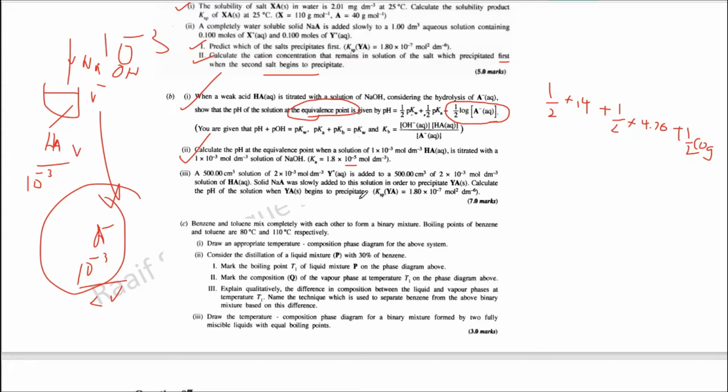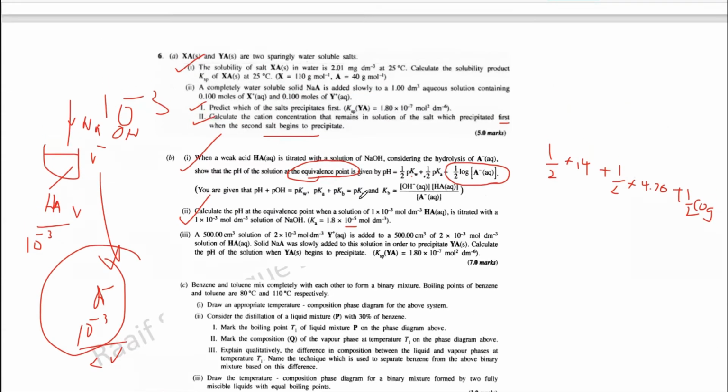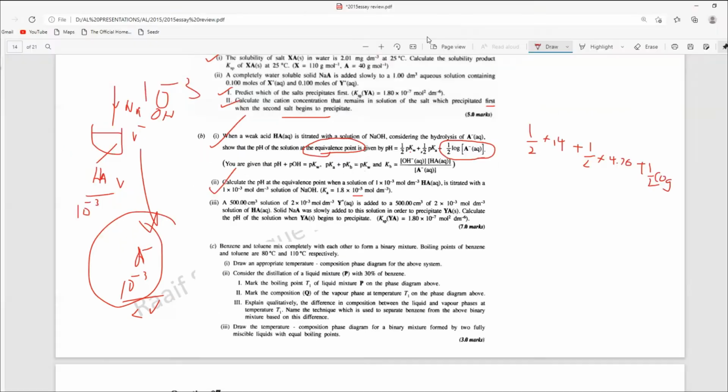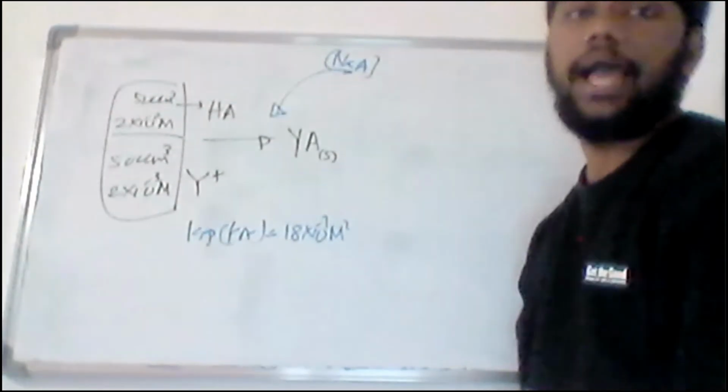So then they add solid NaA, which gives you the idea that initially there was no precipitation, but when they add NaA, they see precipitation, and the KSP of YA is also given. It was 1.10 into 10 to the power minus 7 M. We knew that already in the previous question, right? So what they are telling: find the pH of the solution when the precipitation happens.